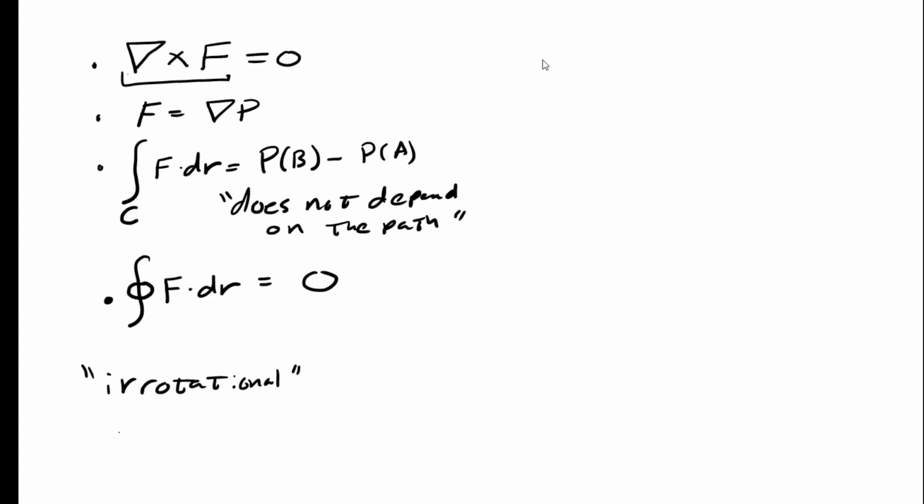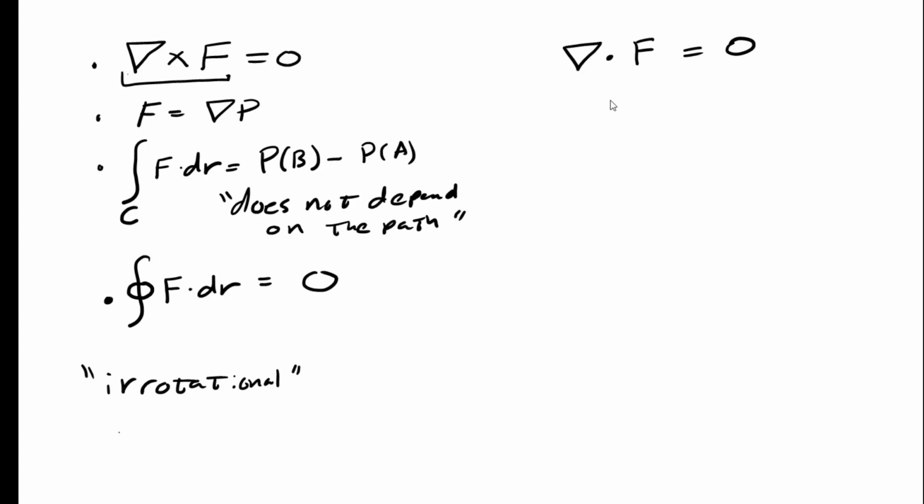All right, we also have another type of vector field. We have if the divergence of f is 0. Okay, and I know I've kind of skipped over what this del cross f means and this del dot f means, but I can review that a little bit later if you guys need.